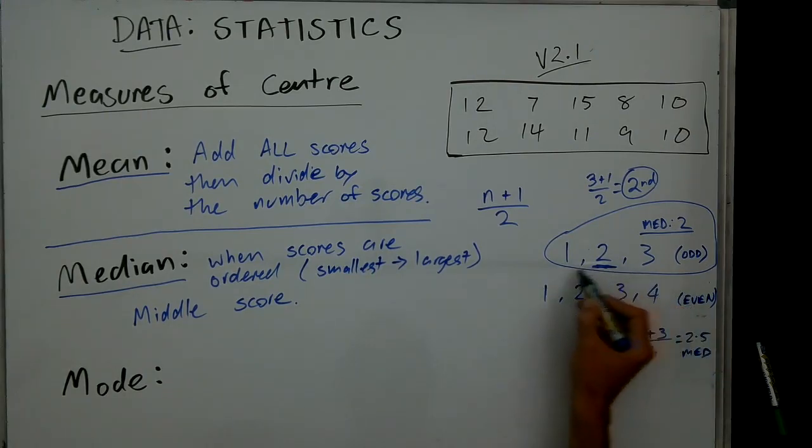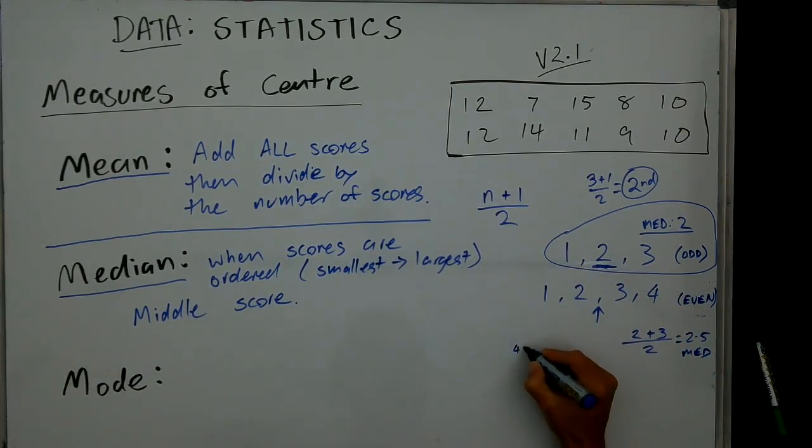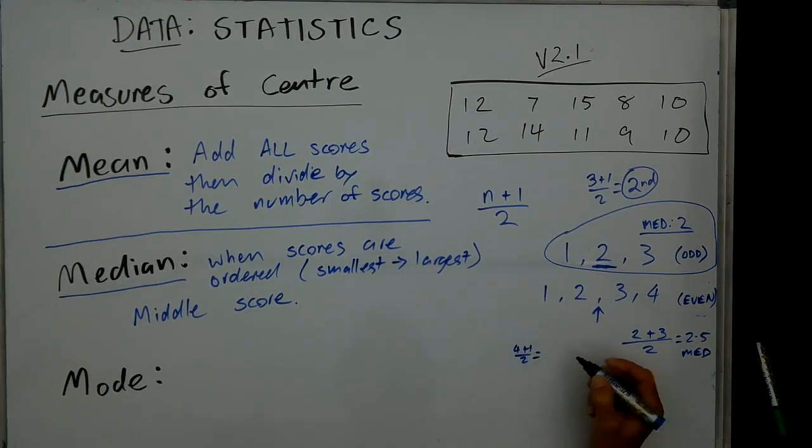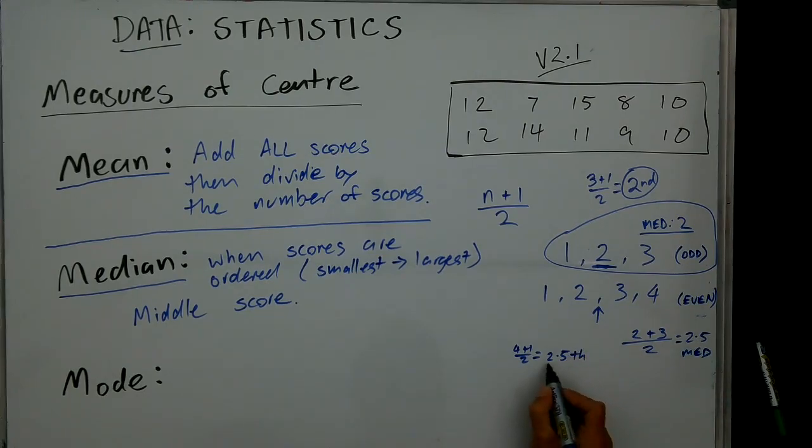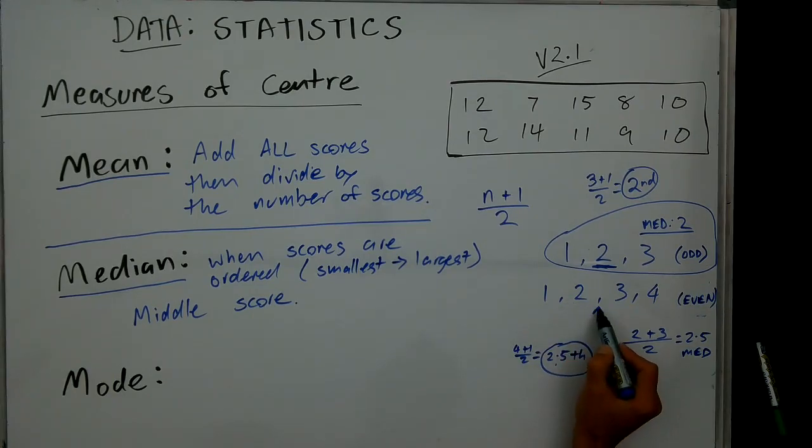In this case, with 4 numbers, we'd go 4 plus 1 over 2, so that is 5 divided by 2, which is 2.5. That happens to be the same number, but this is talking about the 2.5th term. So essentially, the median is in between term 2 and 3. The more we go over that, the simpler it will become. I'll just leave that for now.